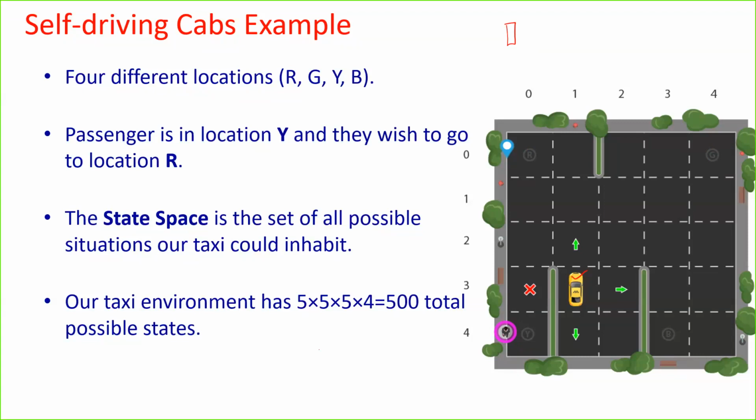So the action space is 6 actions: east, west, north, south, pick up and drop off. Six possible actions for the agent to take.